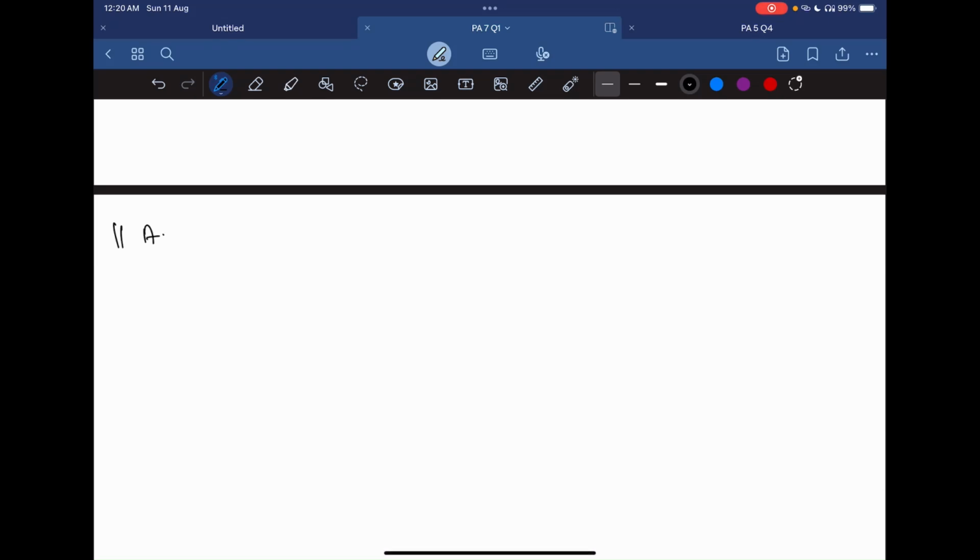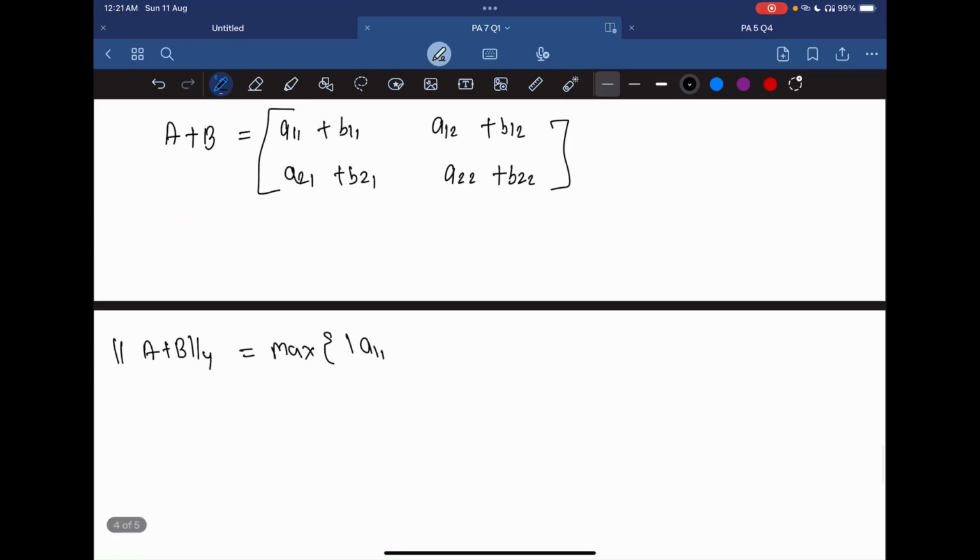Now if we find the function value on this, it is the maximum of |A11 plus B11| plus |A12 plus B12|, and |A21 plus B21| plus |A22 plus B22|.